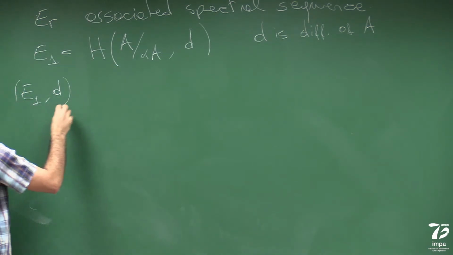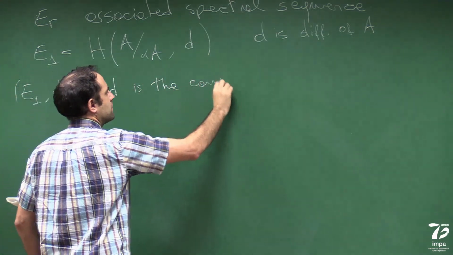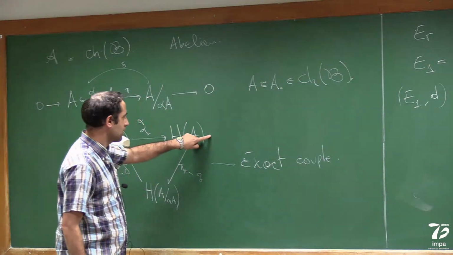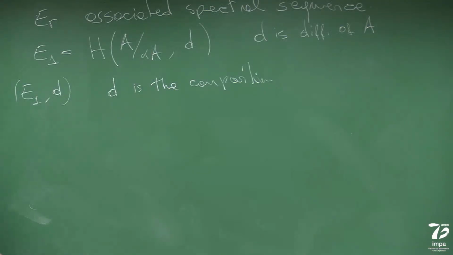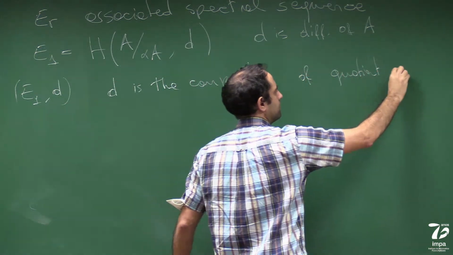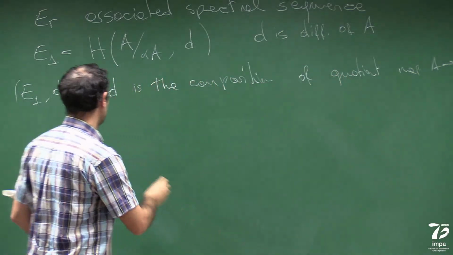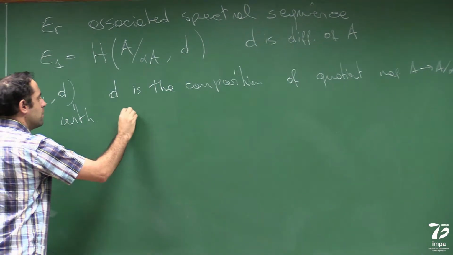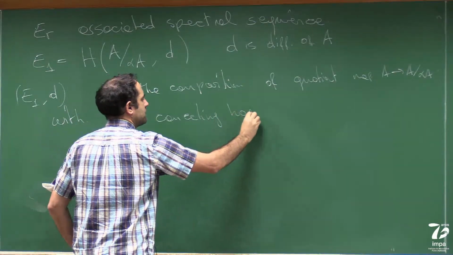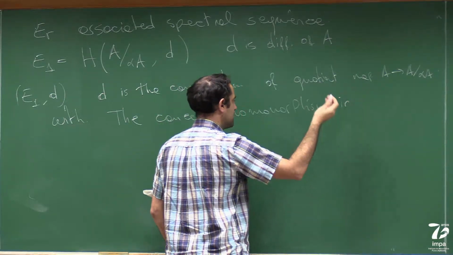And again, by construction, this differential is the composition of the map that is just the quotient map in homology with F, with the connecting homomorphism in homology. This is given by the snake lemma.